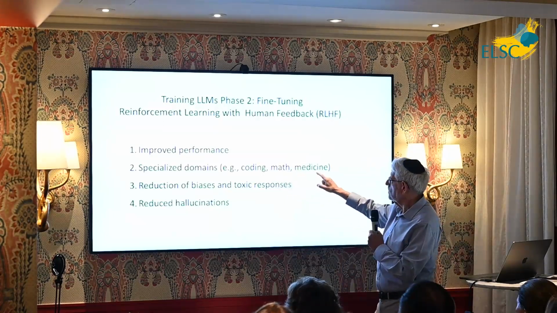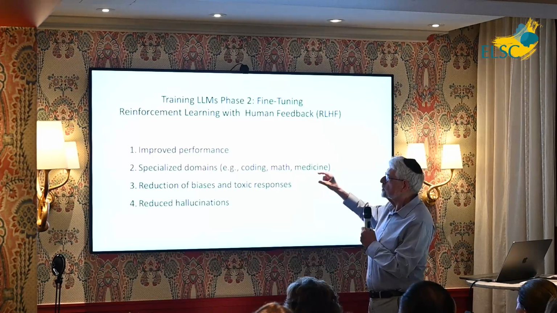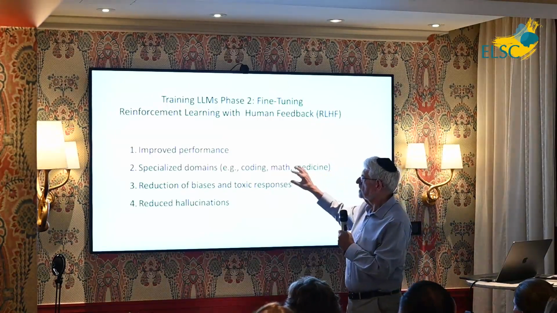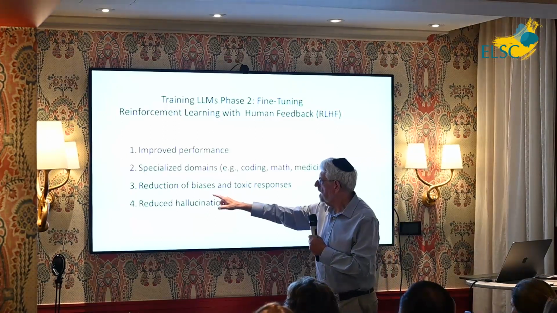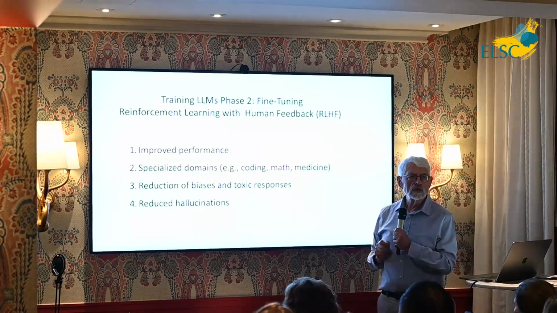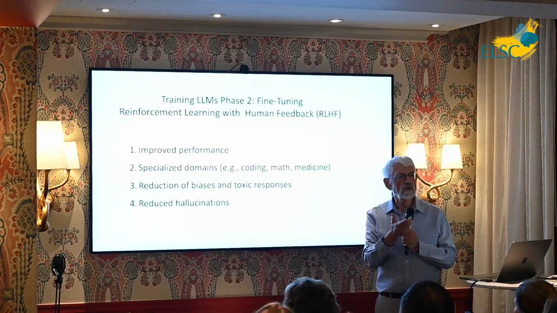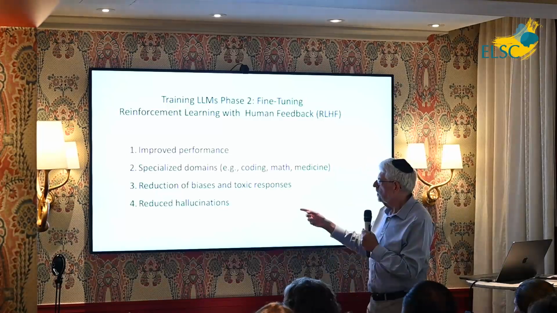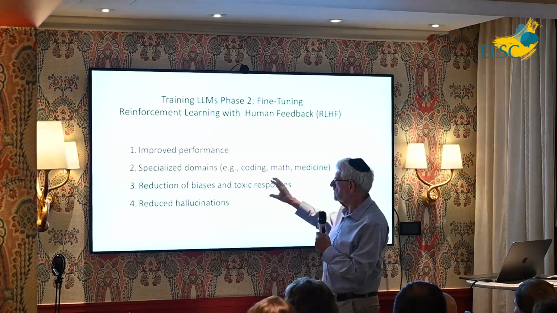You want to do math, you want to do medicine. You want to improve by giving a specialized corpus of data in these domains. Reduction of bias and toxic responses: if you ask, give me a recipe for building a nuclear weapon in my basement, you don't want it to answer this, and so on and so forth.